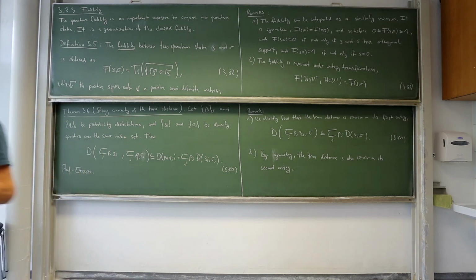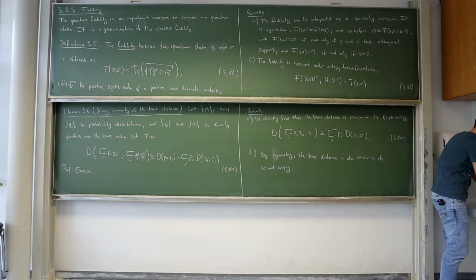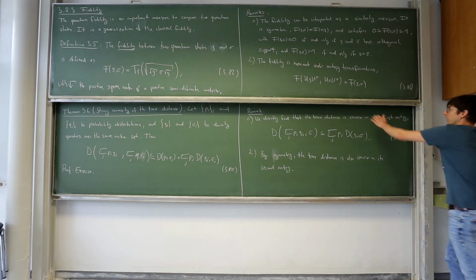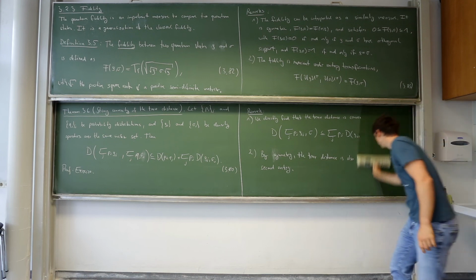It also has some other properties which are similar to the trace distance. Remember how the trace distance behaves if rho and sigma commute.